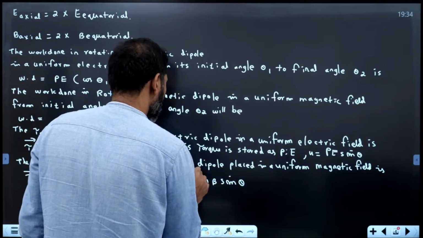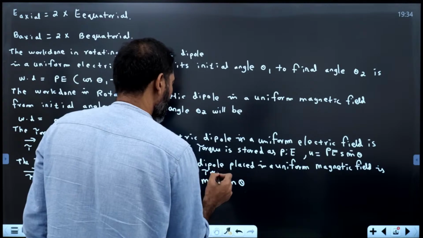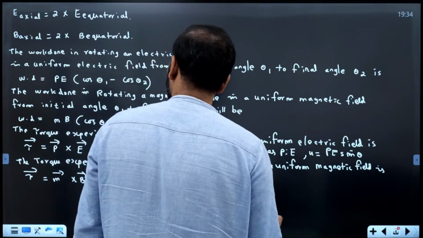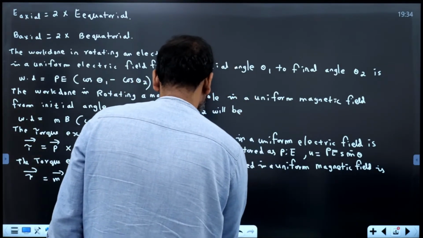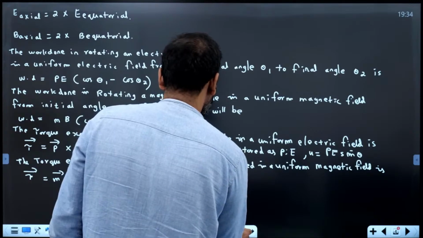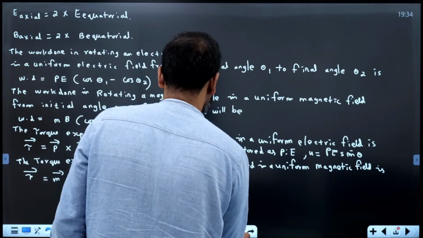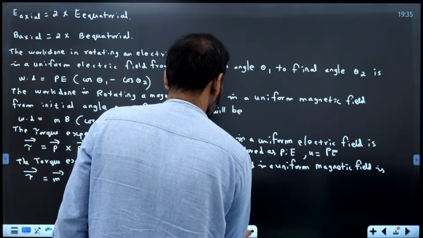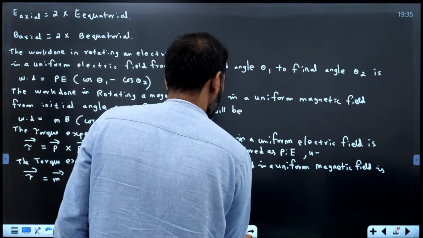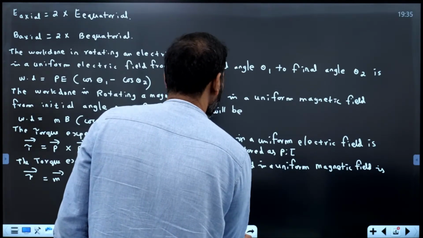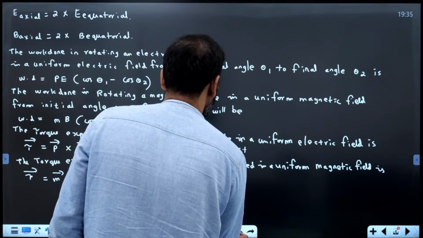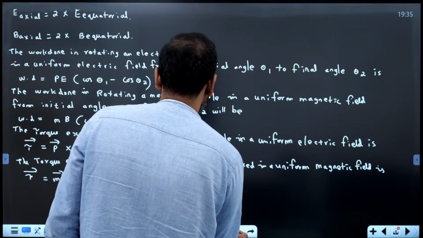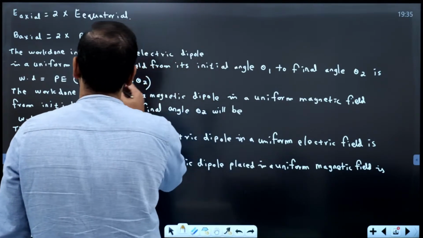Not this torque, what I have written. Actually it is work done. Sorry. Not torque, it should be work done that is stored as potential energy. So there is a mistake from my side.